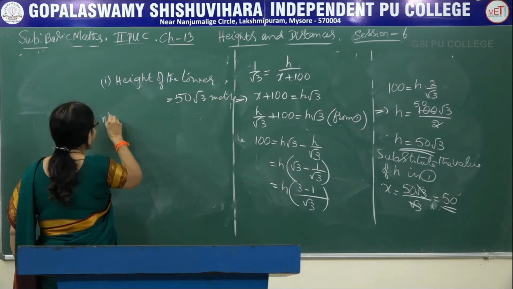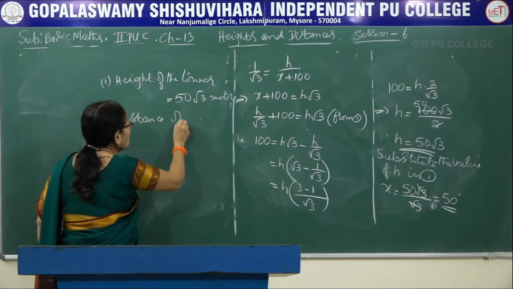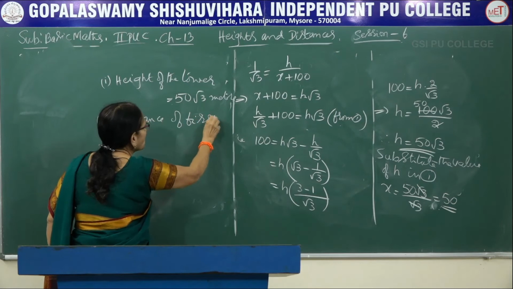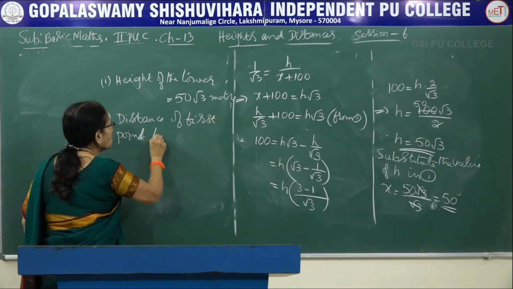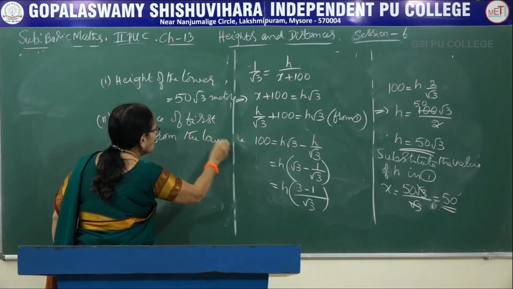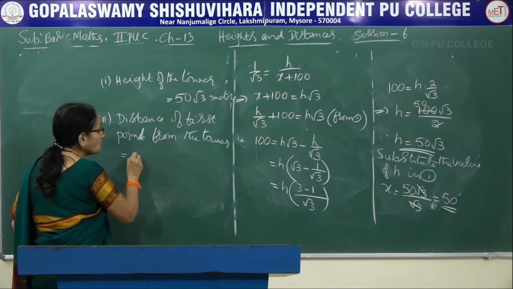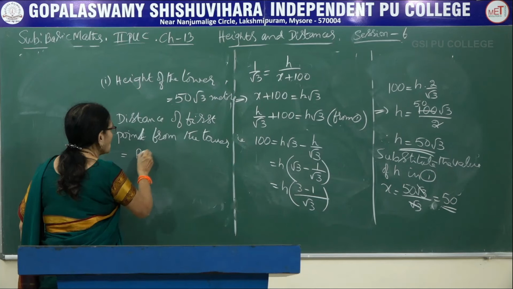Then, distance of first point from the tower. What was the distance we had considered actually? That was BC.